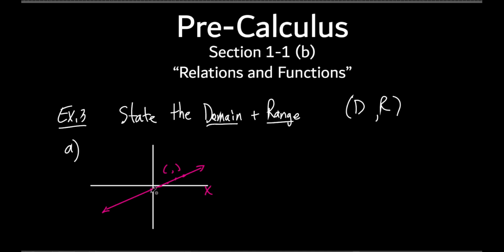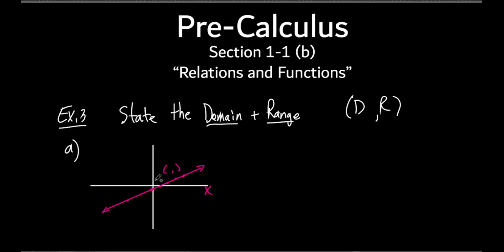But there are smaller numbers for x, aren't there? Because look, you've got points here, and points way, way down that keep on going. How far? Forever. So what's the lowest? What's the smallest number ever in the world?